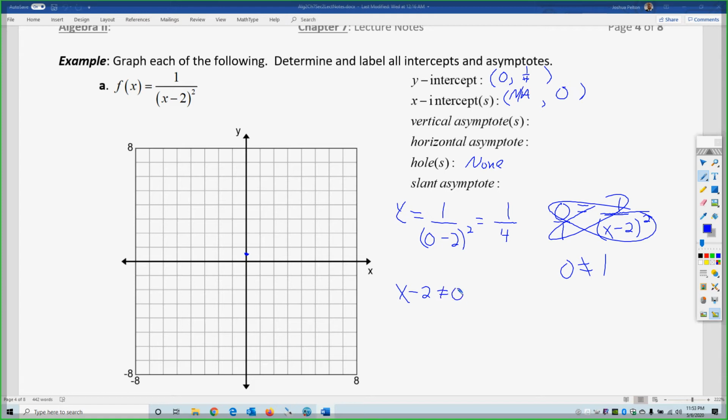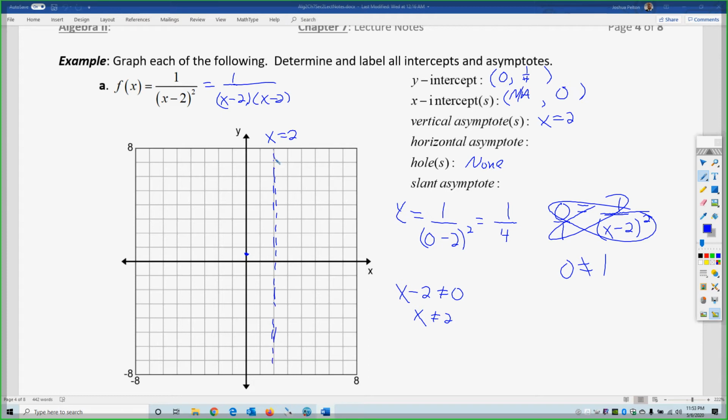You don't really need to do squared because essentially this is 1 over (x minus 2) times (x minus 2). So you don't really need to do it twice. Okay. So therefore, x cannot equal 2. So that is the vertical asymptote. And there is no hole because nothing canceled.